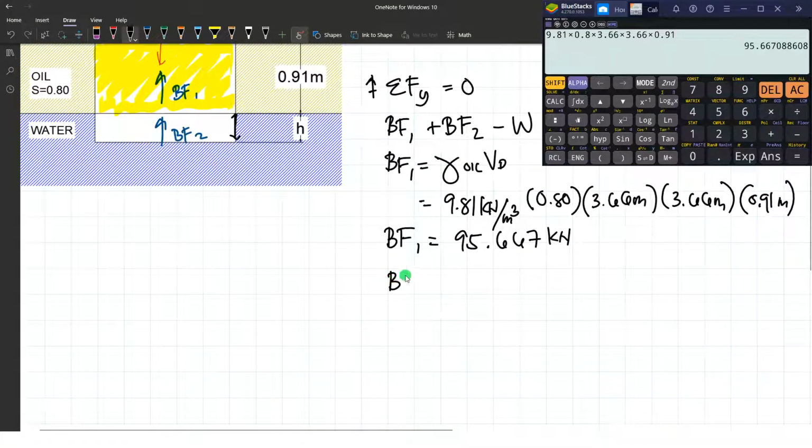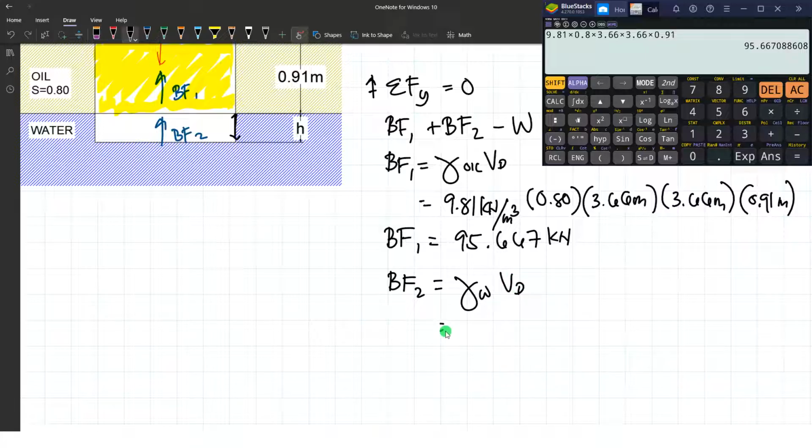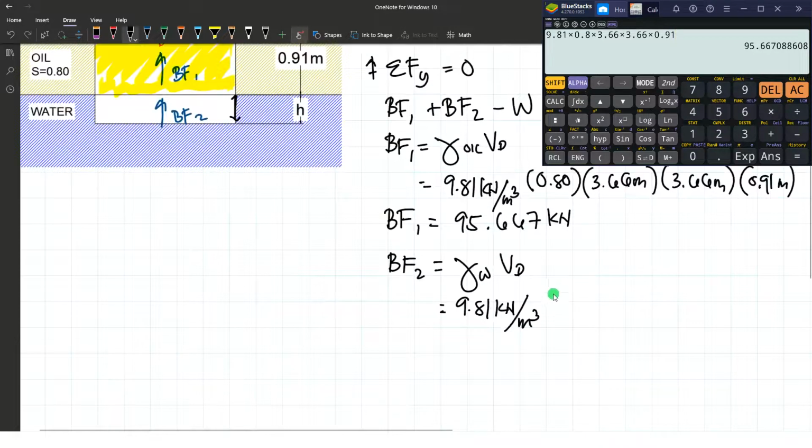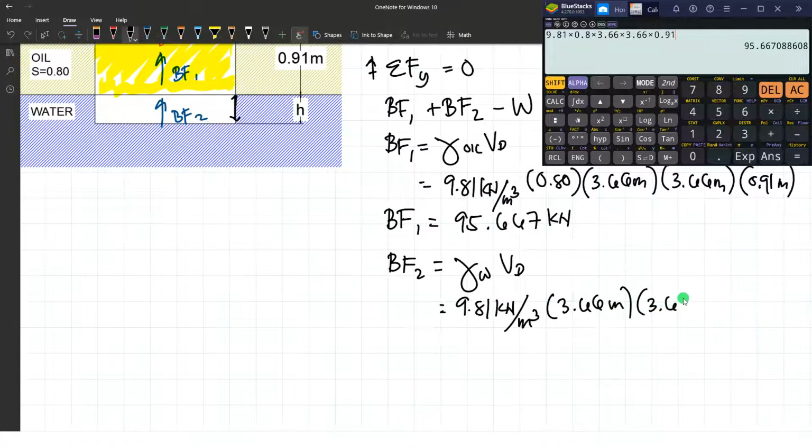For the second buoyant force, due to water, we have unit weight of water multiplied by the volume displaced again. Unit weight of water, 9.81 kilonewtons per cubic meter. Volume displaced, we have an area multiplied by the depth, h. So that's 3.66 meters by 3.66 meters multiplied by h.